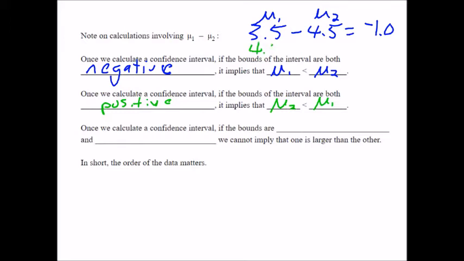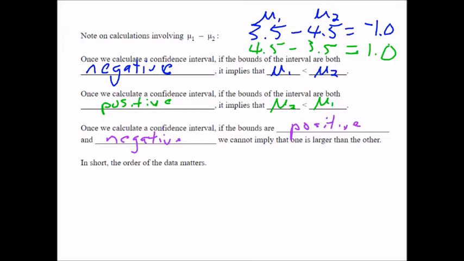If these were reversed, then the first one would have to be larger than the second one to have a positive difference. If the bounds are both positive and negative, then we cannot imply that one is larger than the other.